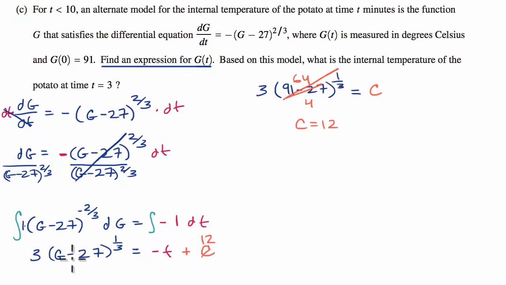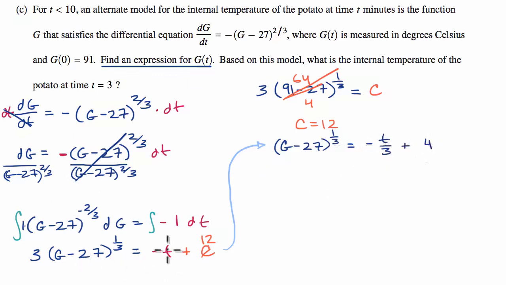And we want to write an expression for g of t. So now let's manipulate this and solve for g. If we divide both sides by 3, we get (g minus 27) to the 1/3 power is equal to negative t over 3 plus 4.